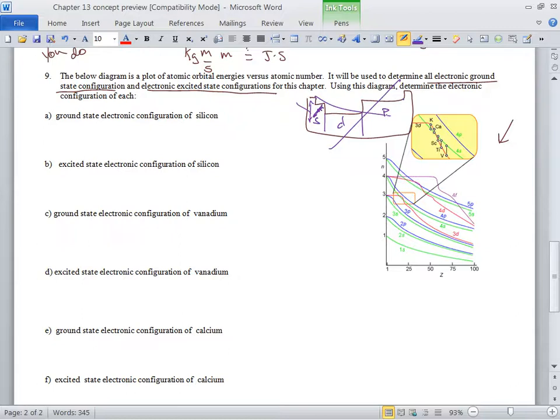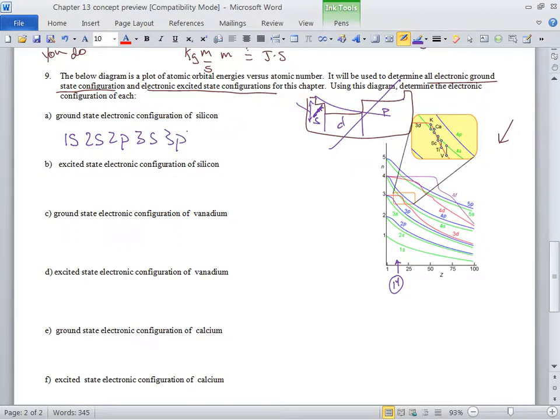So you find 14 over here, somewhere in the middle, and you just go up. We need 14 electrons total. So first we're going to fill 1s, and then next we'll fill, according to that chart, 2s, and then 2p, then 3s.